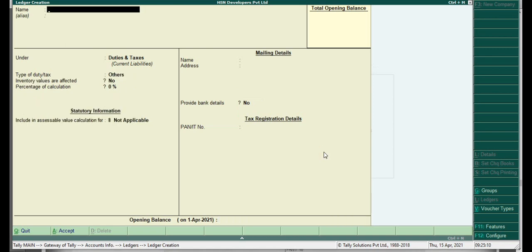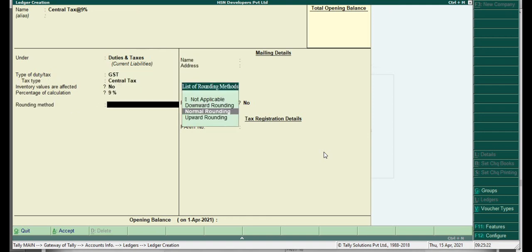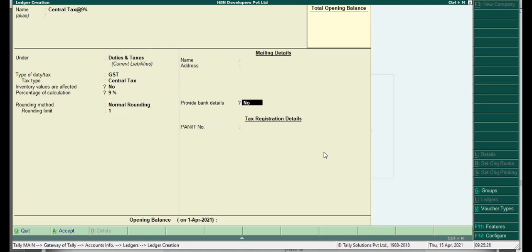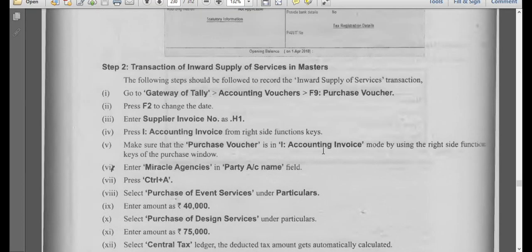In the same way, central tax at the rate 9%, duties and taxes, GST, central tax 9%, normal rounding 1. So maximum all the ledgers are done.